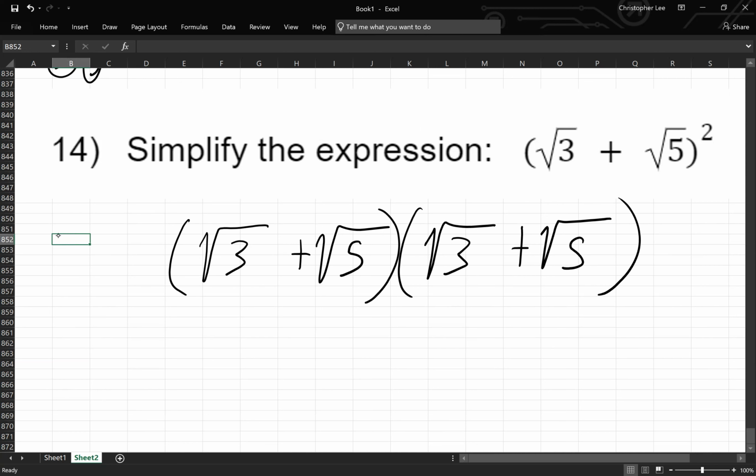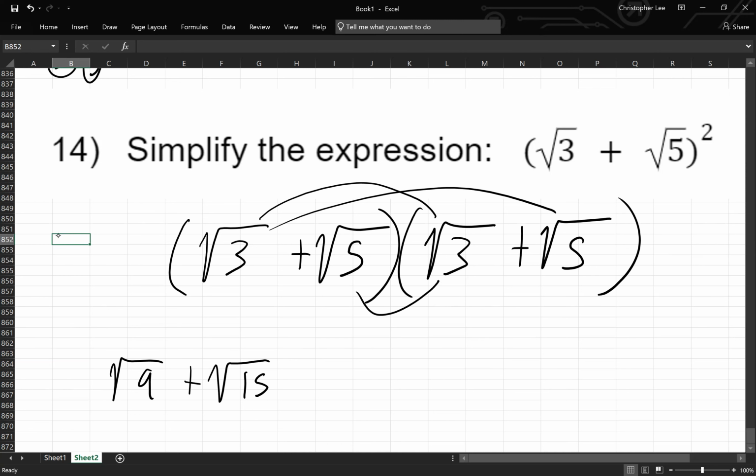Yep. Okay. Plus square root 15, good. Plus what? Oh, yeah. Good. And the last one?